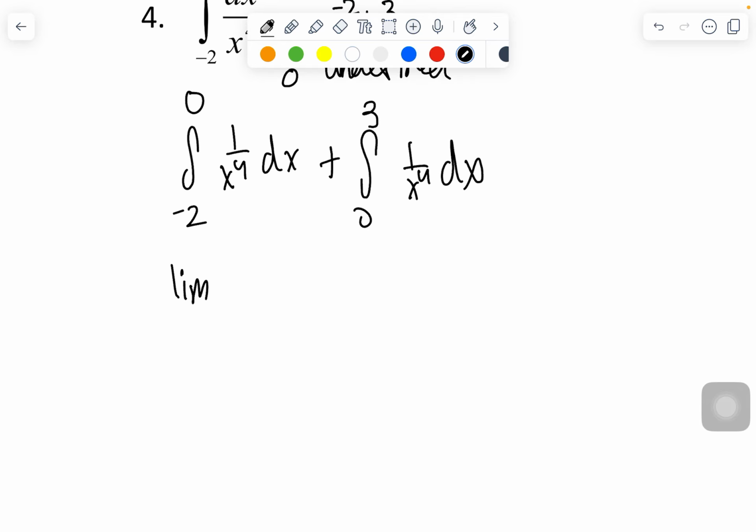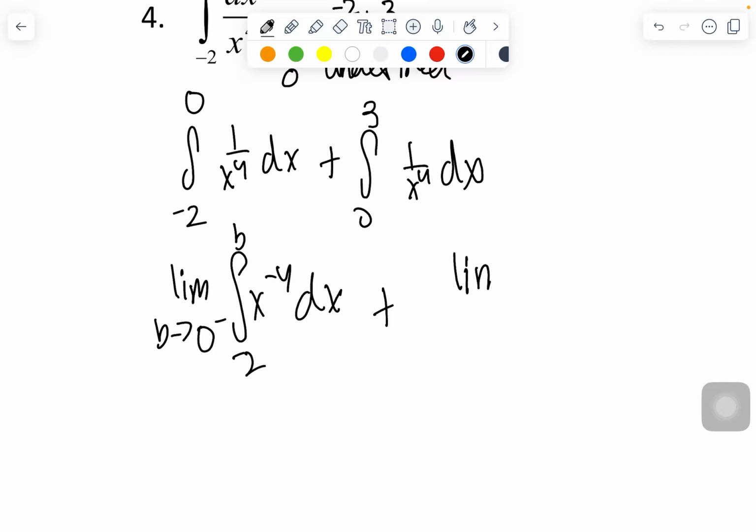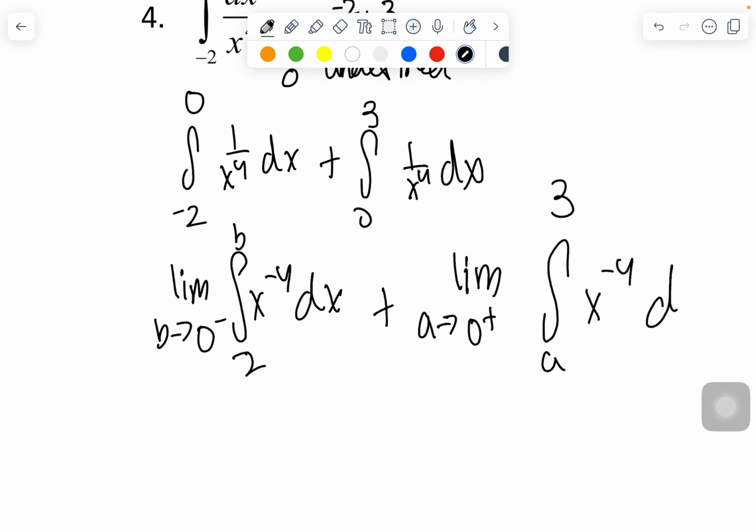So the limit as b approaches 0 from the left side of the integral of x to the negative 4th dx from negative 2 to b, plus the limit as a approaches 0 from the right side, since on the integral 0 to 3, that's where 0 is, of the integral from a to 3 of x to the negative 4th dx.